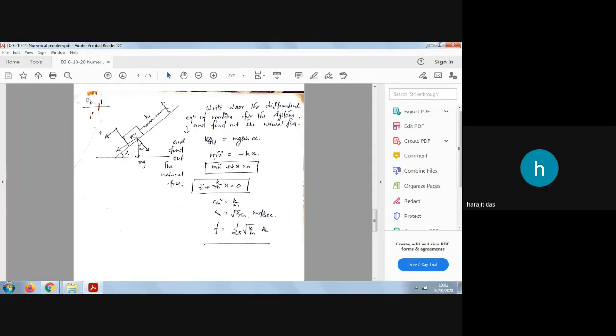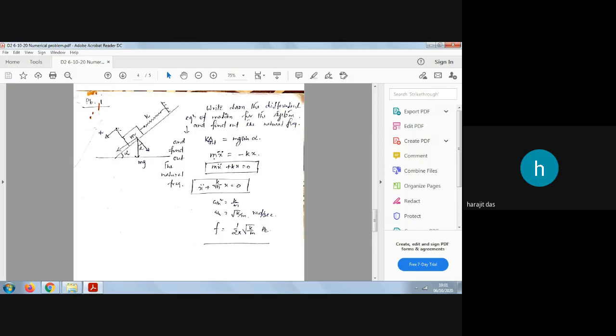So that is why we will not consider this component, the component normal to the plane and the component along the plane. The cos component will be balanced by the reaction force, which will be acting opposite to this inclined plane at an angle of alpha, and this force mg sin alpha will be balanced by k delta st, because when the mass is added, it will just be displaced there by delta st.